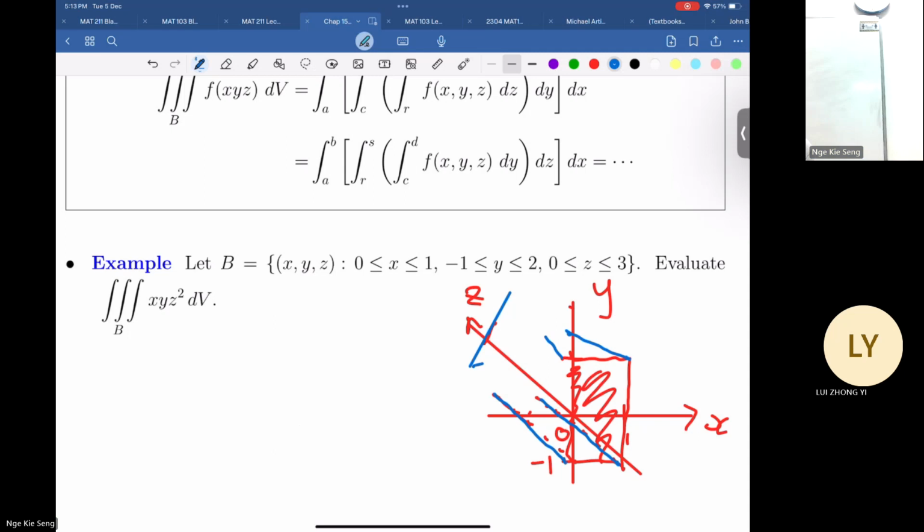No? Like this, and then like this, and like this. And why not? Why not? You draw. I think I almost finished the box already. You try?